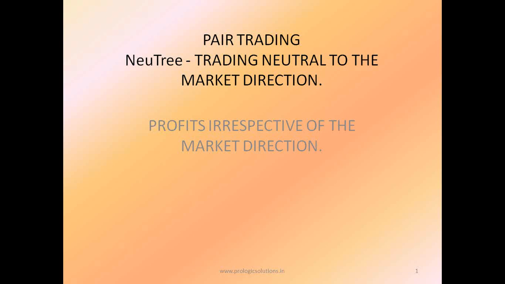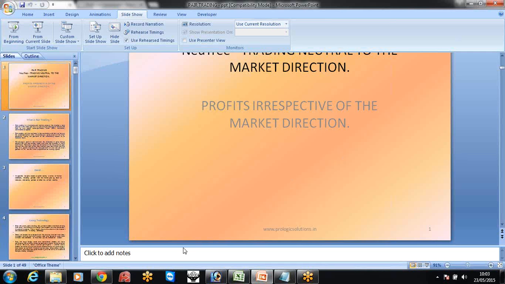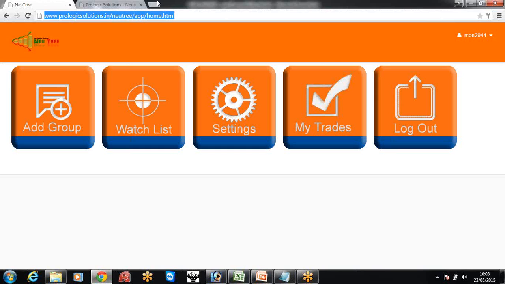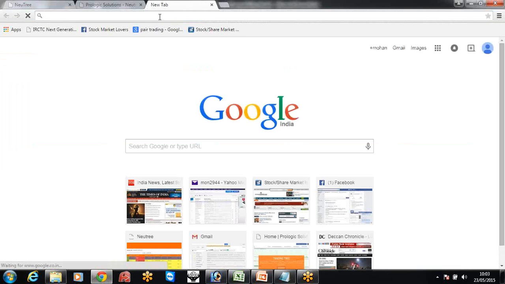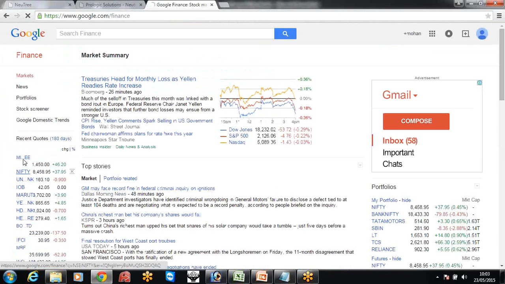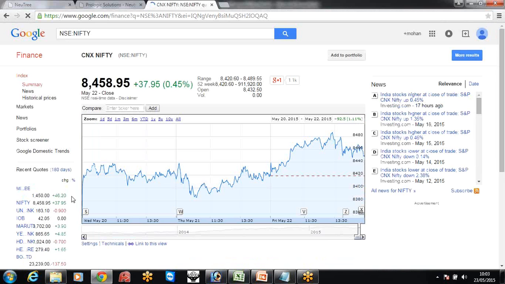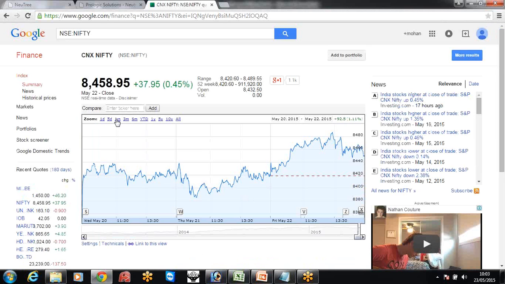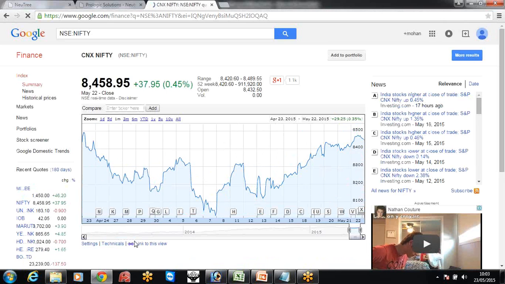Maybe you would have just seen the Nifty movement in this past 1 month. I'll just show you that. So this is how Nifty has been moving around from the past 1 month.